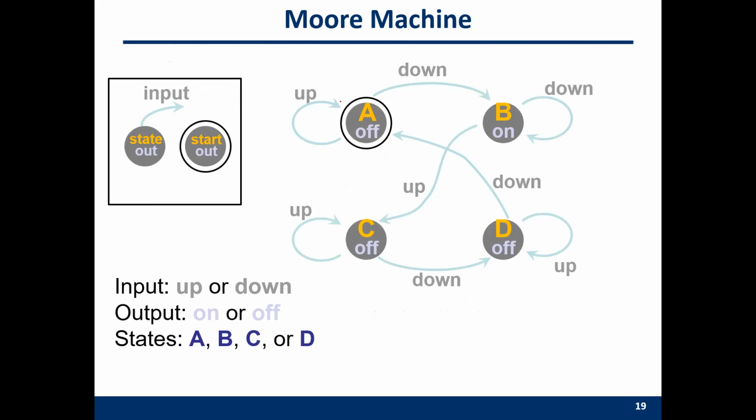So in the Moore finite state machine, we combine the state with the output. Here we have A and off. It's possible for us to have A and on. And then we have B on, D off, C off. And then we can also have the transition here. But the transition is only enabled by the input here.